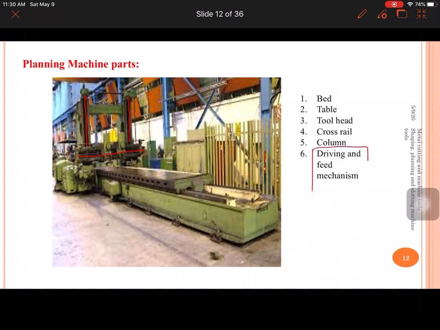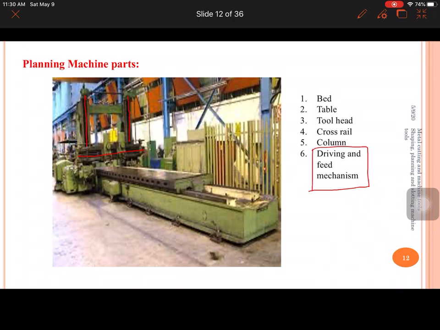Next one is the drive and feed mechanisms. Here, this is based on the rack and pinion mechanism. So you know that when the pinion is rotating, let us say in the clockwise direction, then this entire table will move in the forward direction, that is related with the cutting stroke.